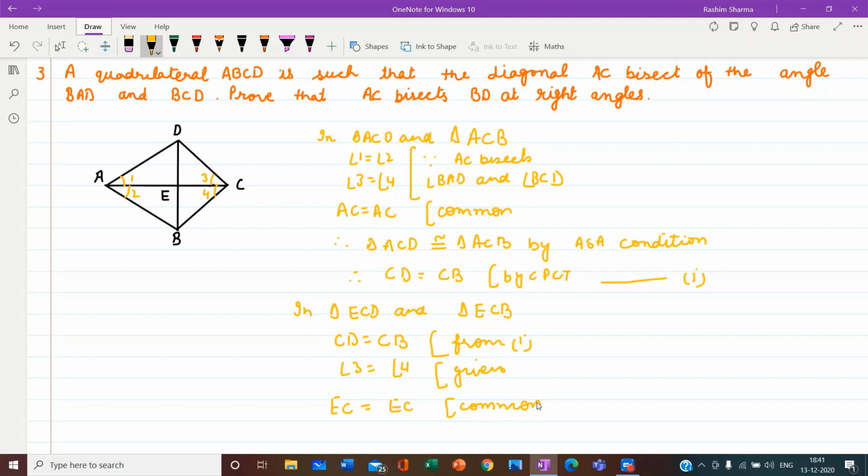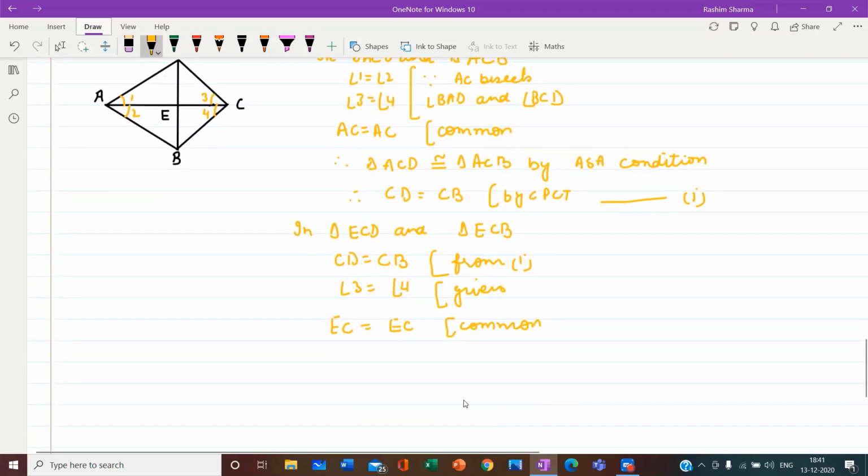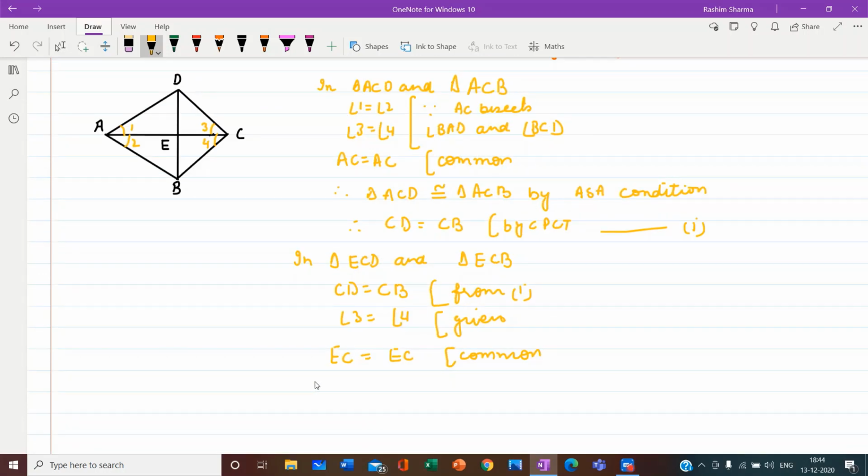So triangles have become congruent now. Therefore triangle ECD congruent to triangle ECB by SAS condition. Here we can see two sides and included angle. Side CD and EC we have taken, in between angle 3. So this is SAS condition.